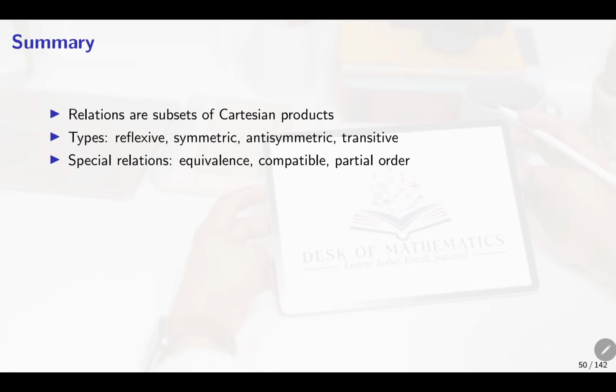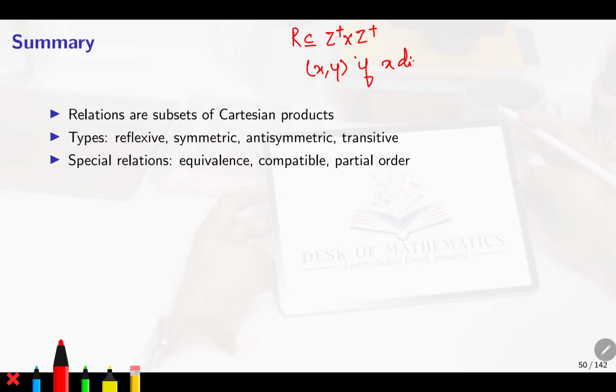Sometimes they may ask this question: if you have a relation defined on the set of positive integers to the set of positive integers, one element is related to another element if x divides y. Show that it is a partial order relation. What will you do?